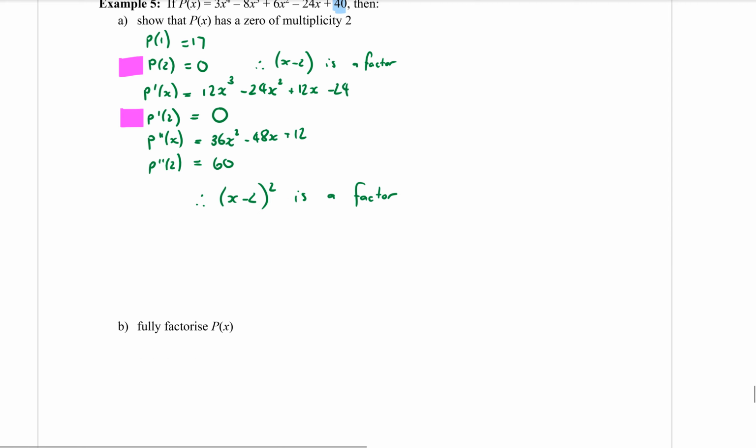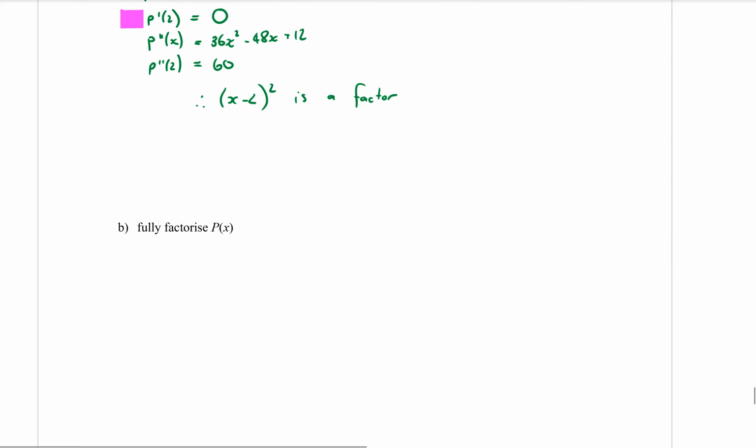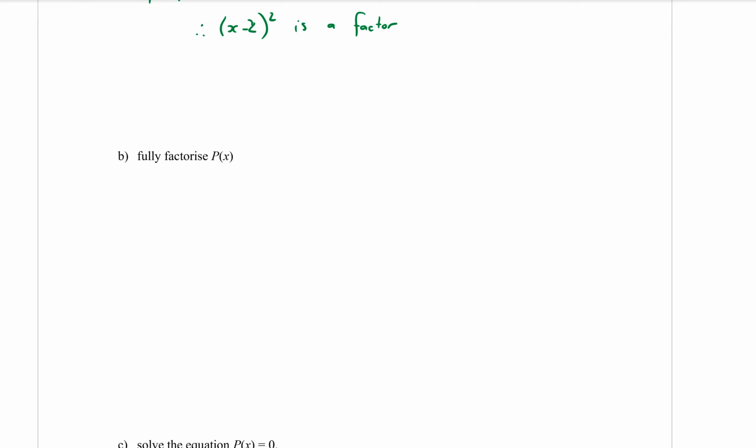To fully factorize the polynomial, it's a degree 4 polynomial. We've found 2 of them and there's still 2 left to find. You could go back and keep checking all the possible factors of 40, but let's do a long division. So x minus 2 squared is what we've got so far. When we expand that out, that would be x squared minus 4x plus 4.